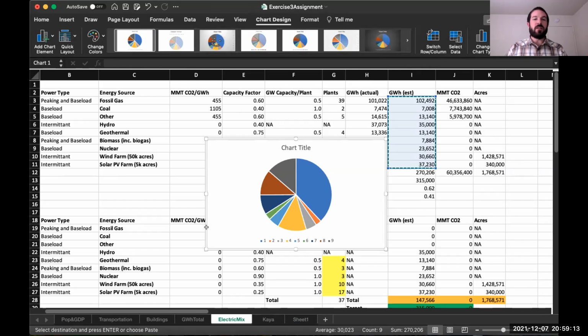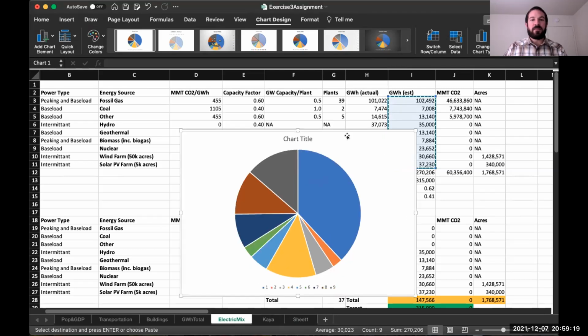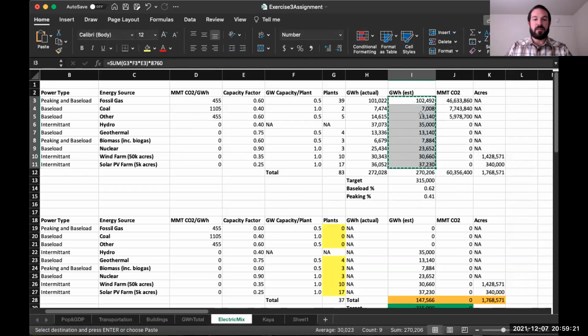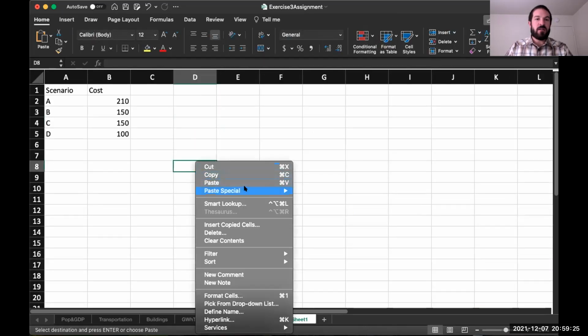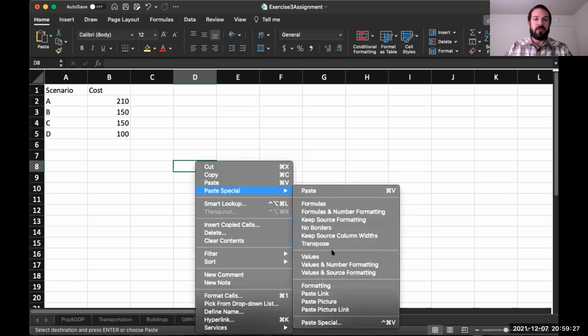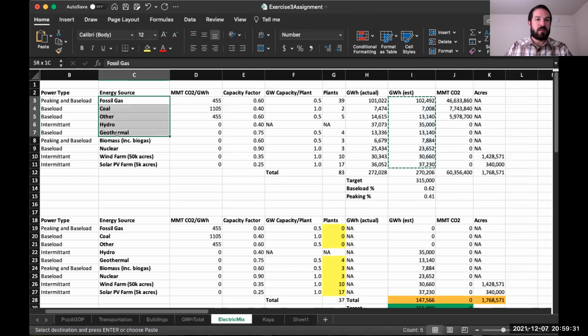Okay, now I need to label it because right now it looks like trash. I don't know what any of these are. Okay, a better pie chart would be to say, all right, gigawatt hours estimated. Okay, I want to paste the values, right? Energy mix.